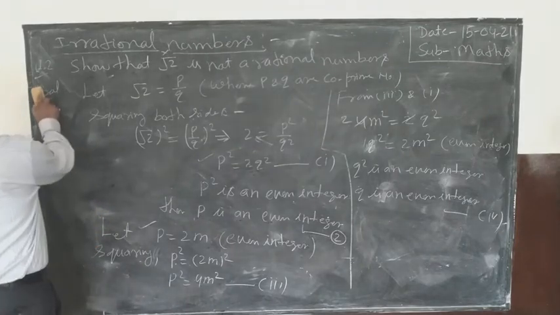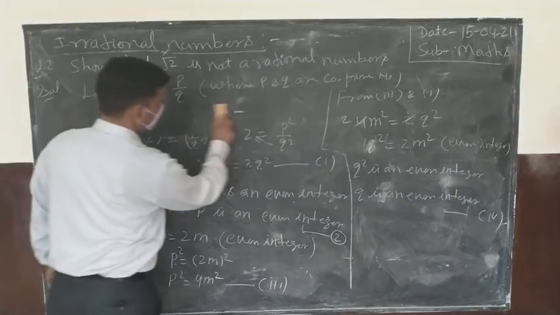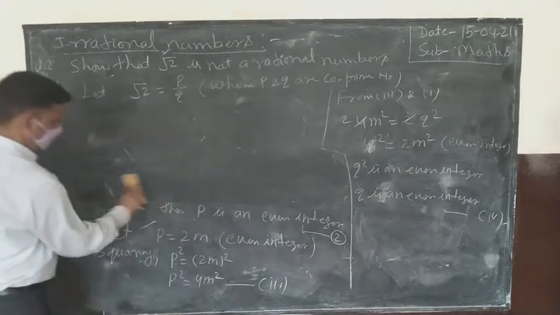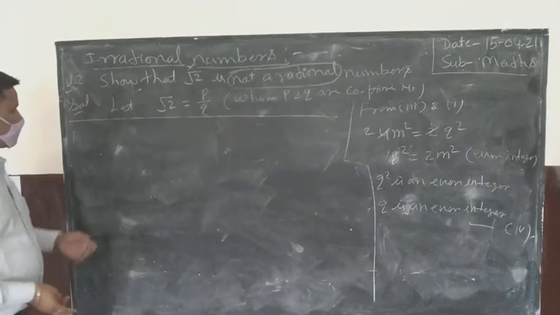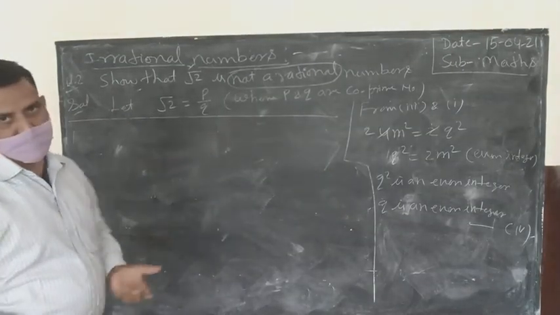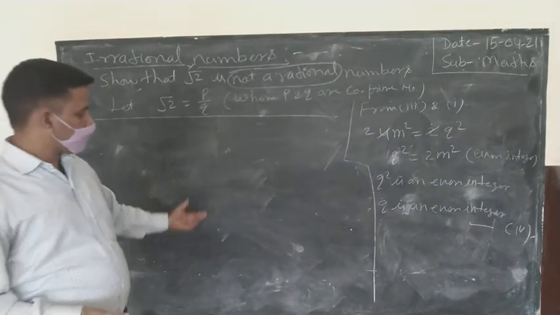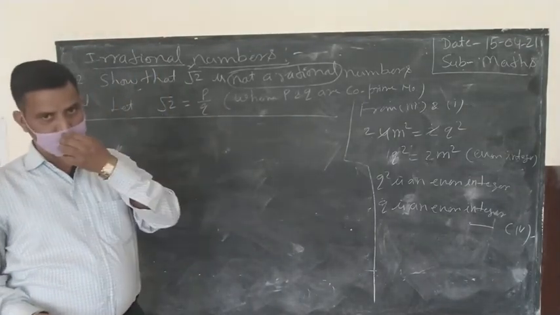Then, students, these are the contradictory conditions from equation second and fourth.